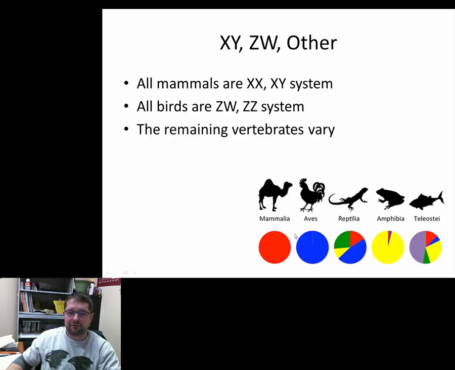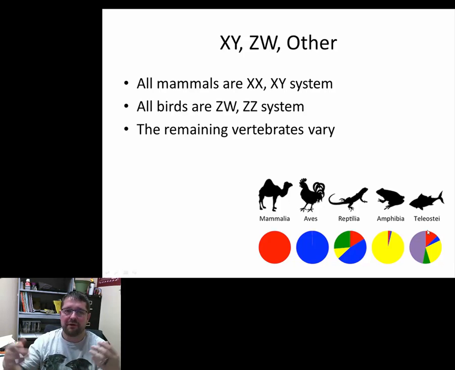So aves, birds, have pretty much the ZW, ZZ system. Mammals have the XX, XY system. Reptiles have both ZW and XX, but they also have some of these other systems going on. Amphibians have other systems going on. Fish have a huge variety of systems going on.